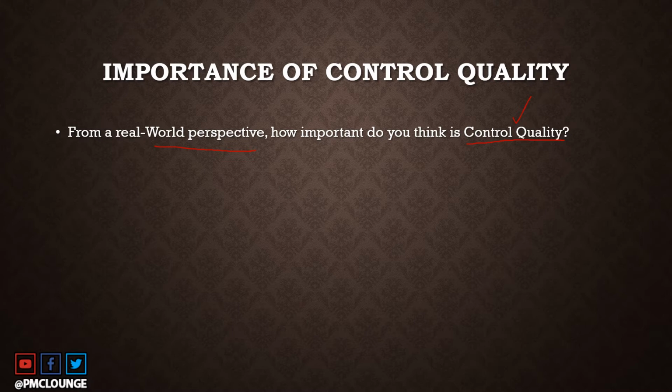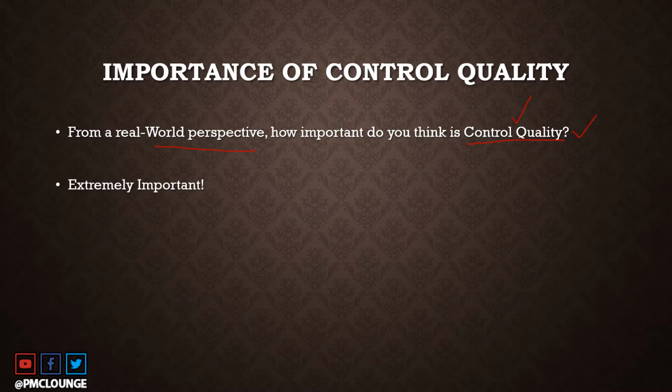So when you are performing this process of control quality, you are basically measuring the quality of the product of the project or one of the deliverables of the project. So that is why this is an extremely important process.